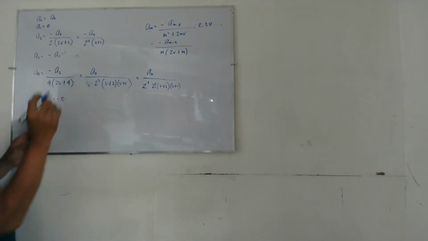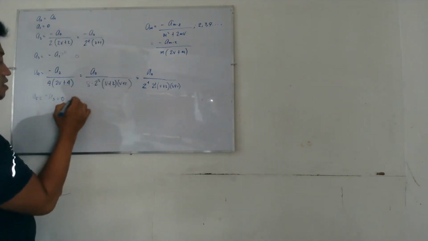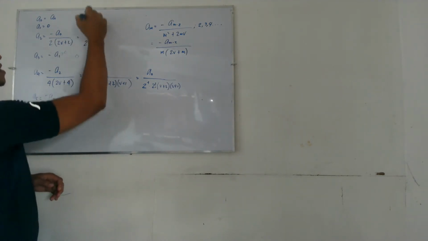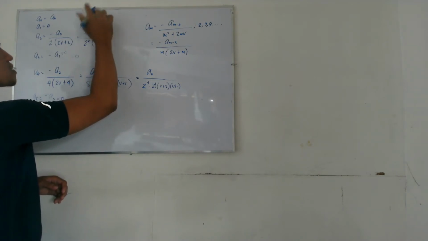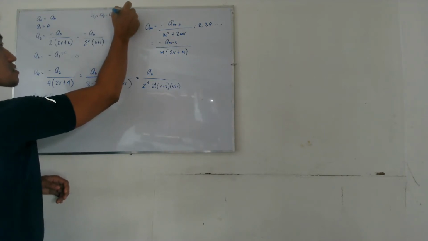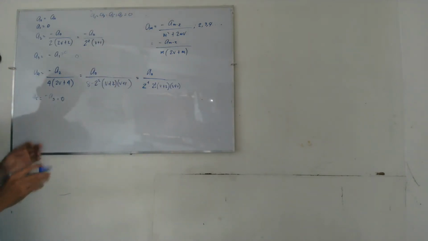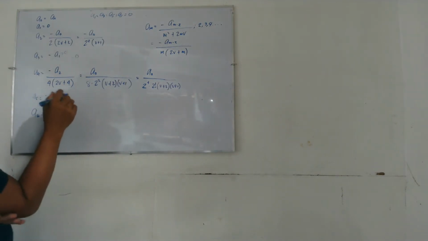Therefore, all the odd coefficients, A1, A3, A5, A7, and so on are equal to 0. So, only the even ones remain. So, proceed with A6.